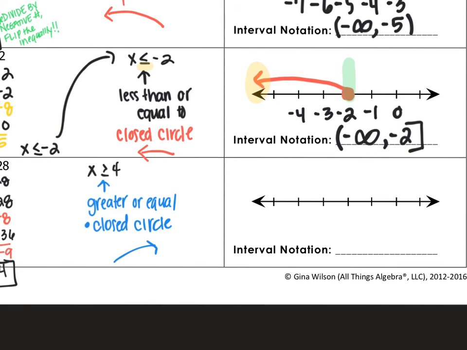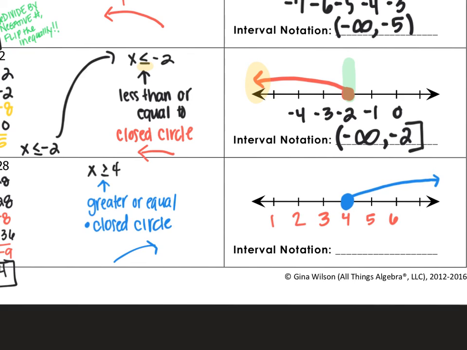So we're at 4 on our number line. Let's put our numbers 4, 5, 6, 3, 2, 1. And we said at 4, this is going to be a closed circle because it has that equal to line underneath the inequality. And greater than always points to the right.